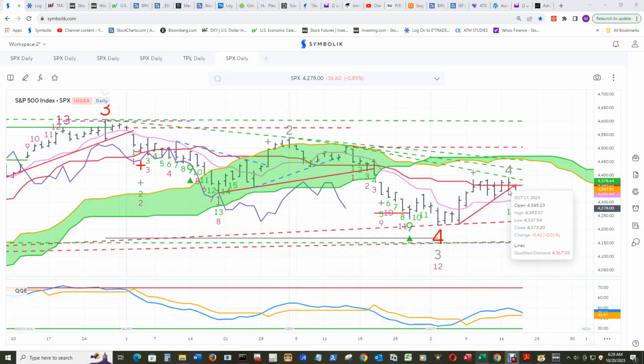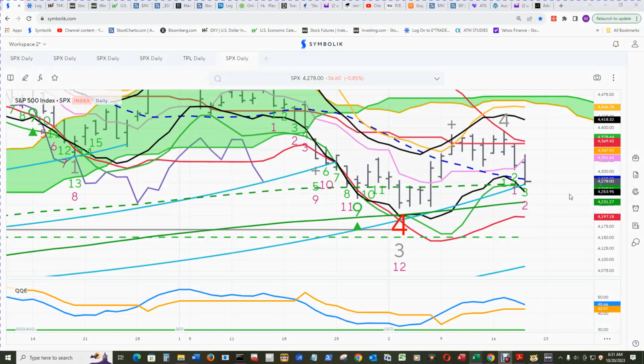It just stays qualified. And I am unsure if by having qualified status only, if it can turn around and tick higher and close above 4367.03, that it becomes canceled. I am not sure about that.